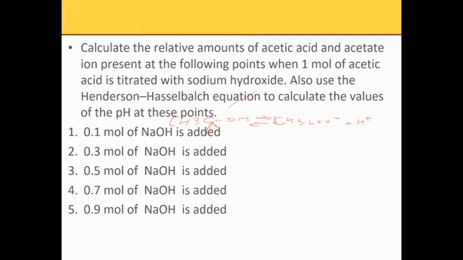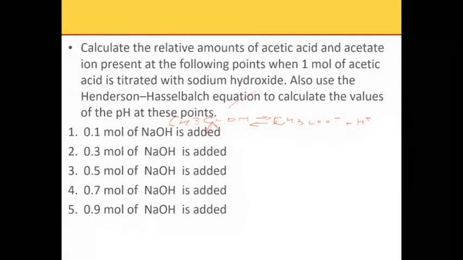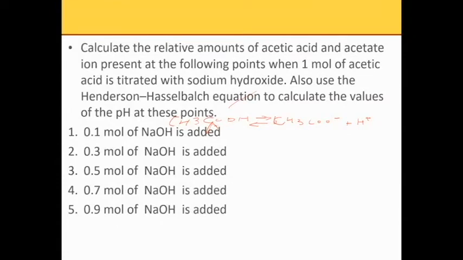This here will be acetic acid, and this will be acetate, the base. In the beginning, you have 1 mole of the acetic acid, and now you're going to titrate with sodium hydroxide.